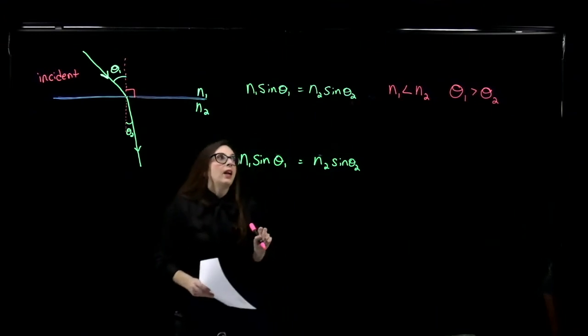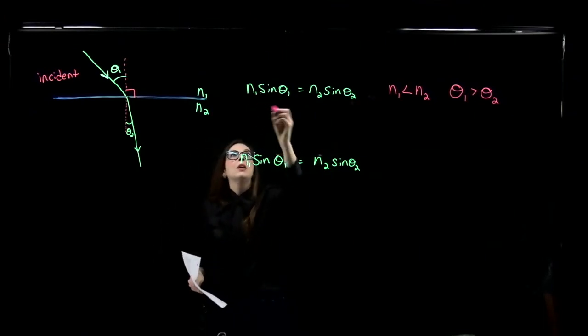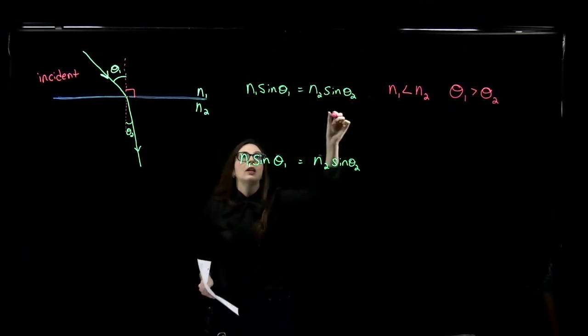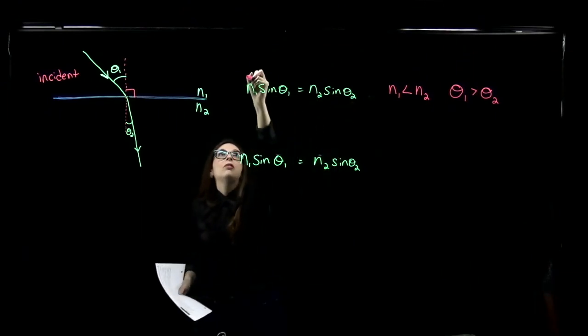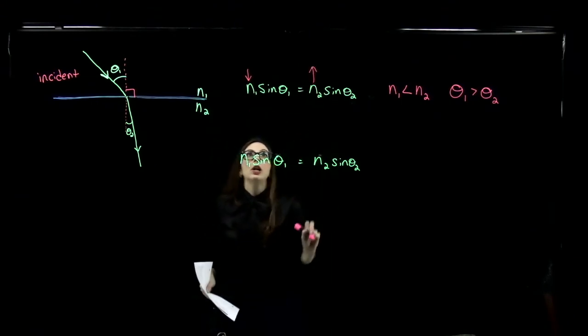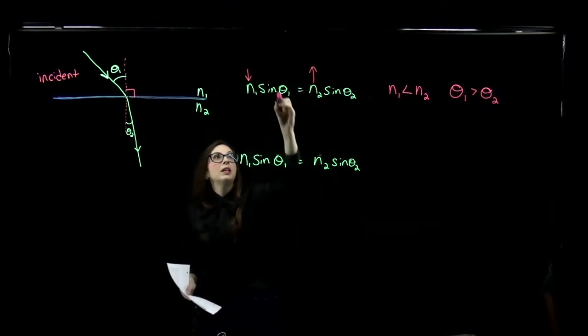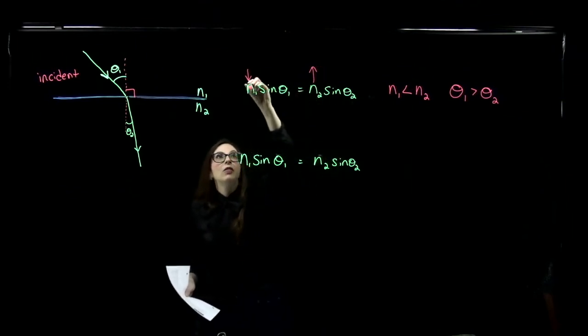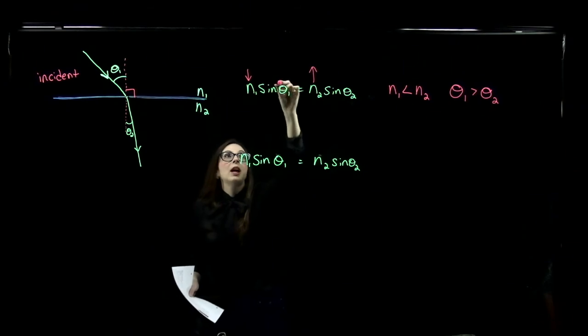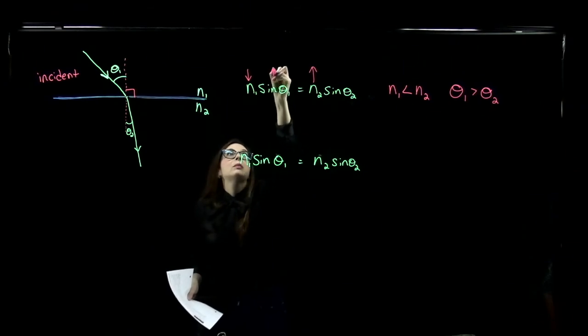Well, why is that the case? Let's look over here. We have to have n1 sine theta 1 equal n2 sine theta 2. So if n1 is smaller, n2 is larger. In order for both of these sides to equal each other, if n1 is smaller compared to n2, that means that this term, sine theta 1, has to be bigger.